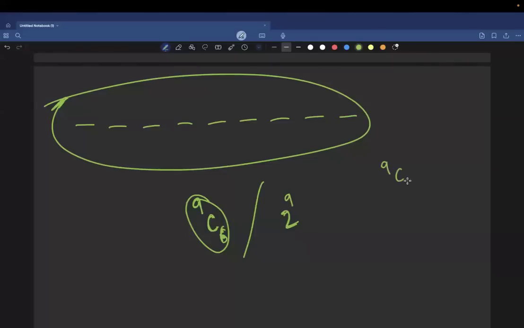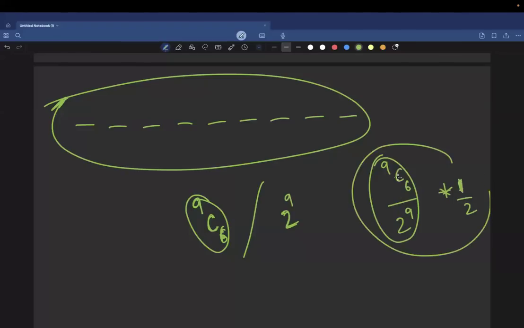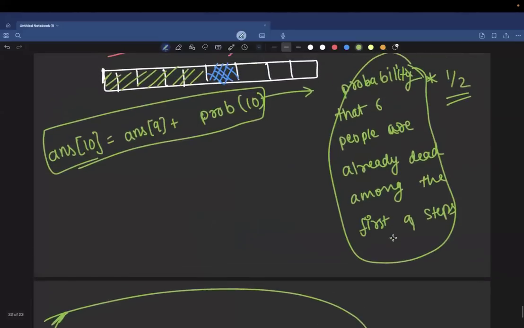So 9C6 divided by 2 raised to the power 9 would be the probability for 6 people dying among the first 9 steps, and then you say that another person will die. So there is half probability of that happening. So this is what I added.